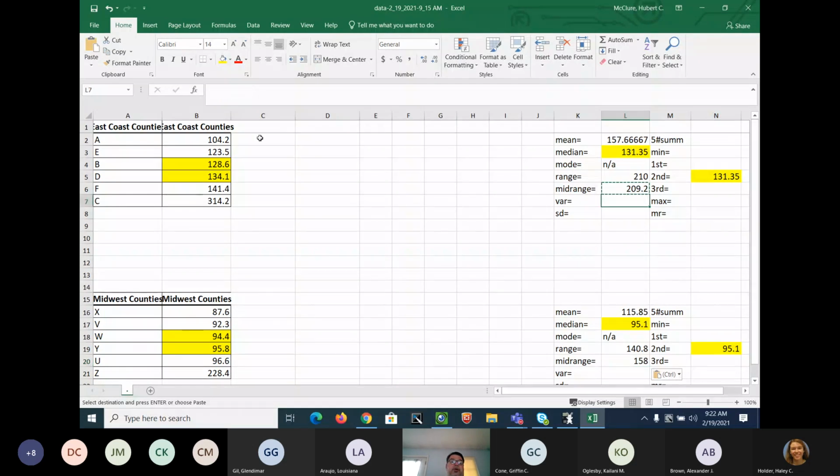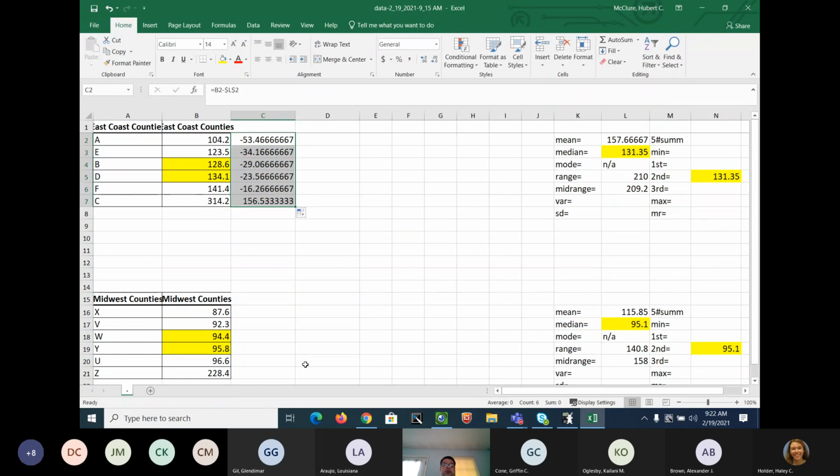Variance, I'm going to go over here and do 104.2 minus that number, function F4, or alternate F4 on my laptop. For those Excel people, that's lock. And equals this number minus this number.